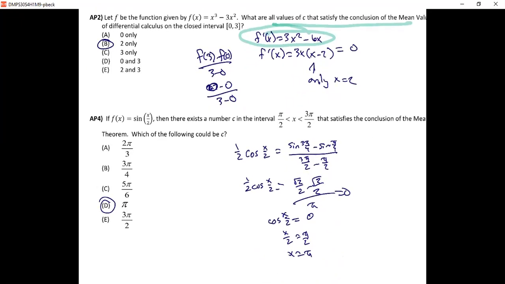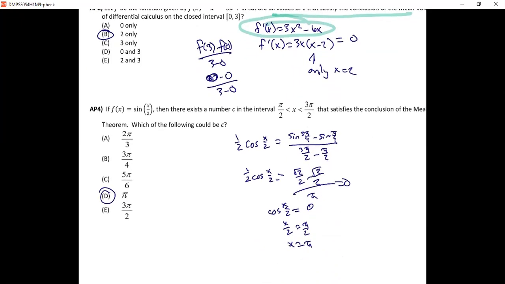Yay. How about AP4? Once again, satisfying the conclusion of the mean value theorem. So we have to check, is sine a continuous and differentiable function? The answer is yes. Therefore, mean value theorem applies. And just to show continuity and differentiability: continuity on the closed interval, pi over 2 to 3 pi over 2.